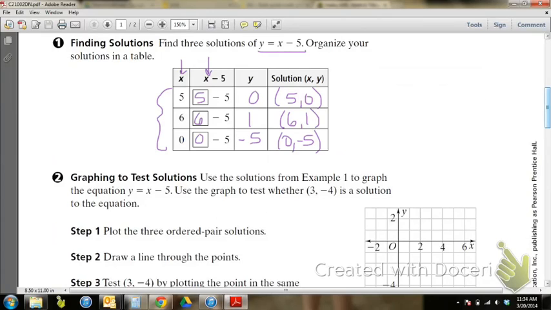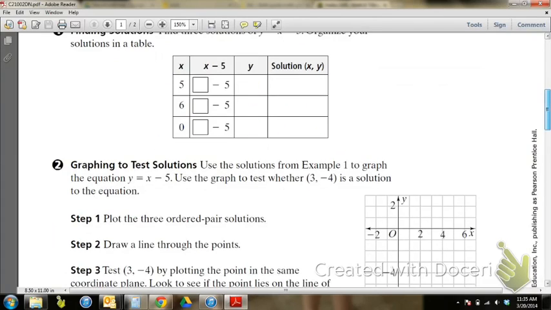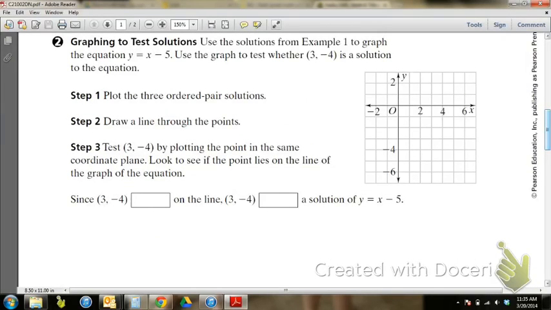Okay, so now what we're going to do is graph these points on the grid below. We're going to use our solutions to graph the line. So our 3 points, first one is 5, 0. So 1, 2, 3, 4, 5. Go 5 to the right, and don't go up or down any. So that's 5, 0. The next point was positive 6, positive 1.